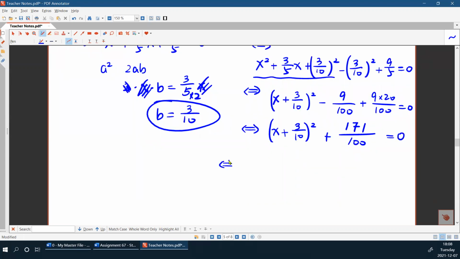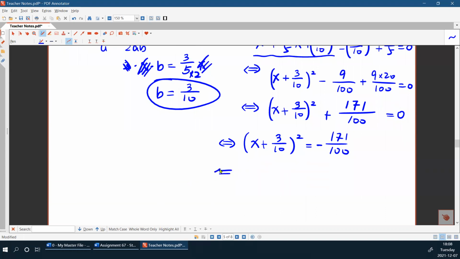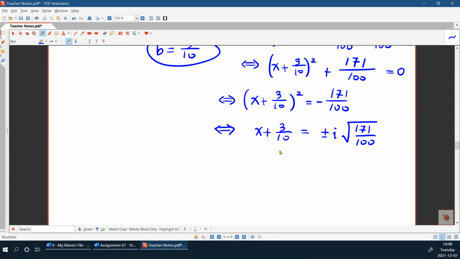So (x plus 3 over 10) squared equals negative 171 over 100. It should be negative, right? Okay, so this means we have to solve it in the complex number set. So x plus 3 over 10 is positive or negative i times square root of 171 over 100, right? This means x is negative 3 over 10, plus or minus 3i times square root of 19 over 10.